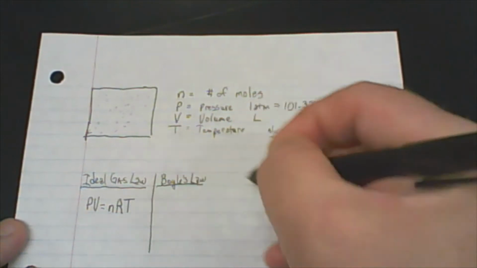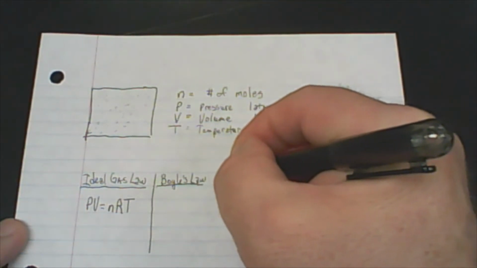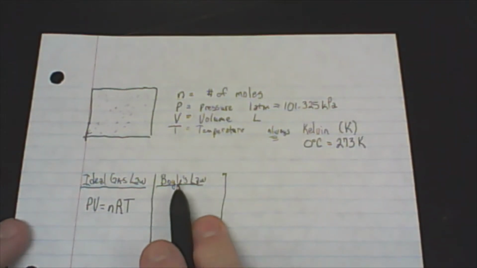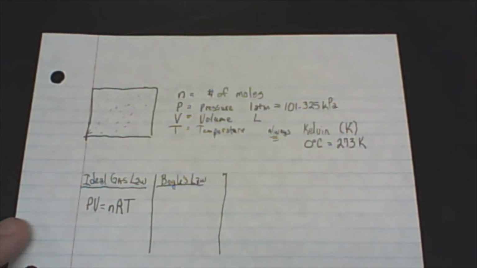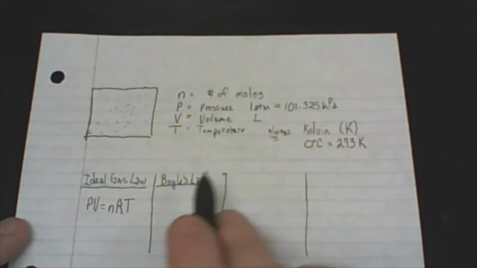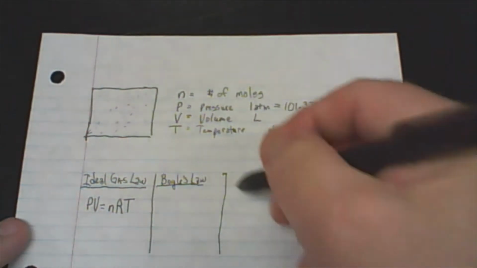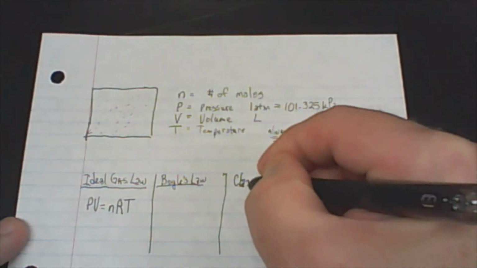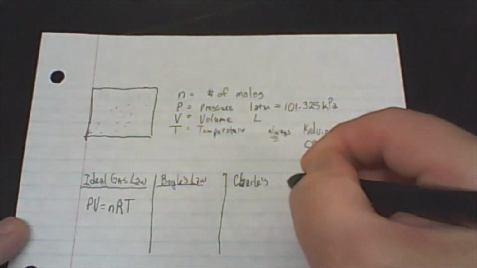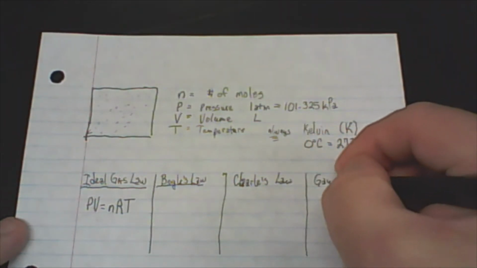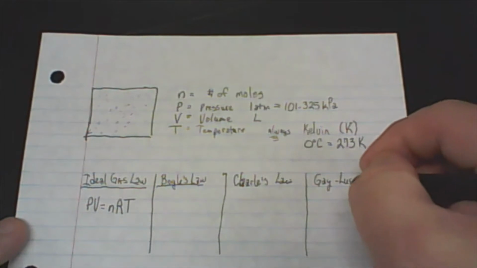And if you're in chemistry, I really don't care that you know the name. That's not really that important. However, if you're on the academic team, you need to know that name. Why? Because it will come up in competition. We have Charles's law, and we have Gay-Lussac's law.